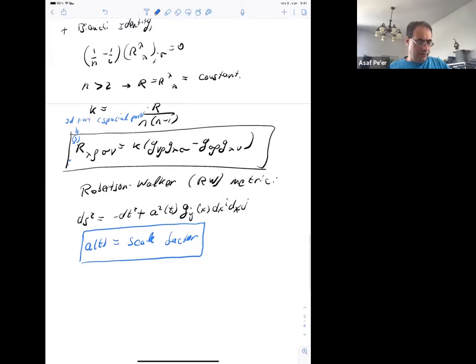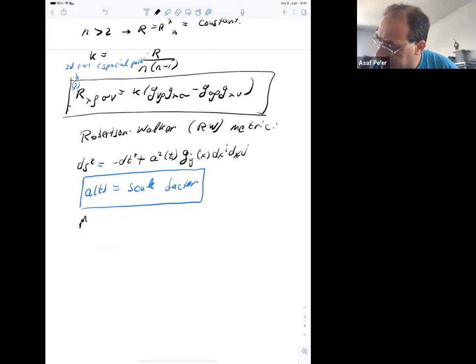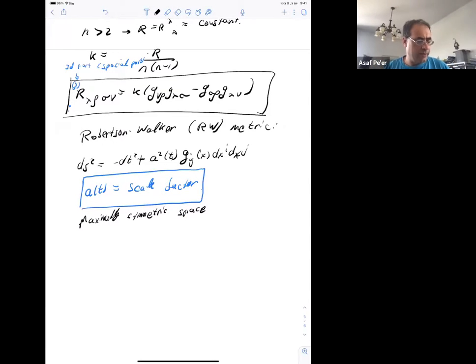And then in order to proceed, we further basically repeated the results that we had in the derivation of the Schwarzschild metric by arguing that a maximally symmetric space has to be, in particular, spherically symmetric. That implies spherically symmetric.